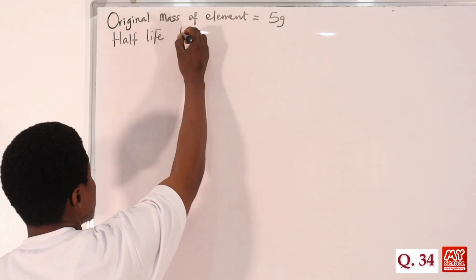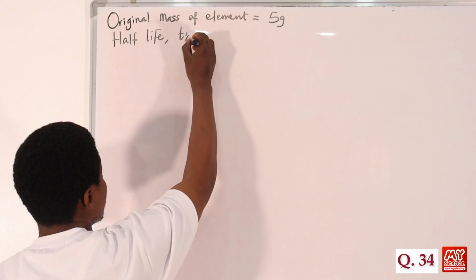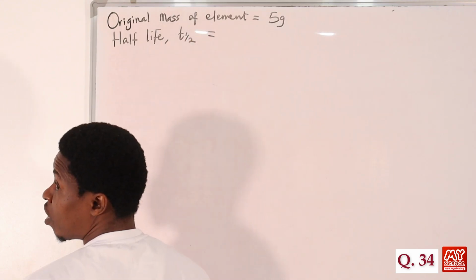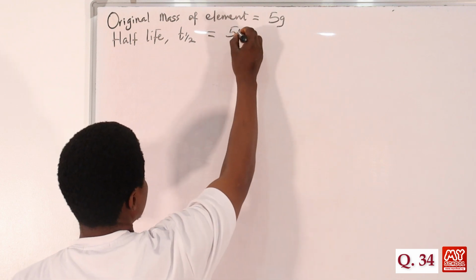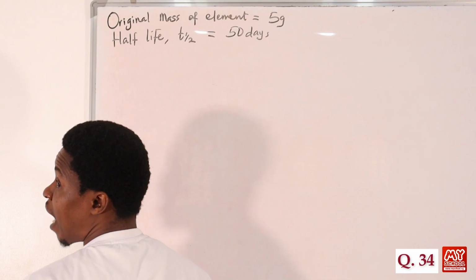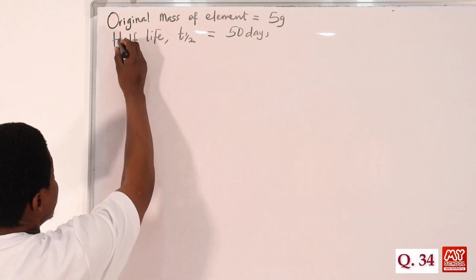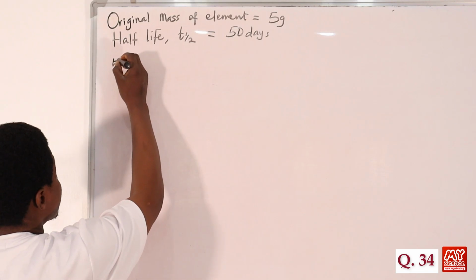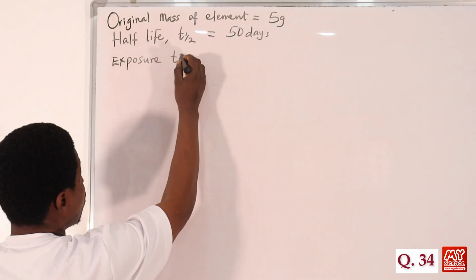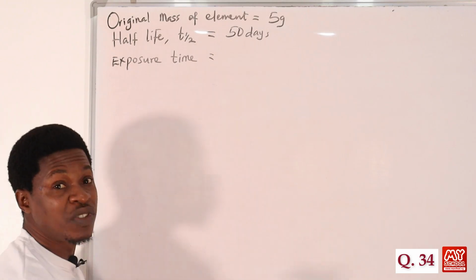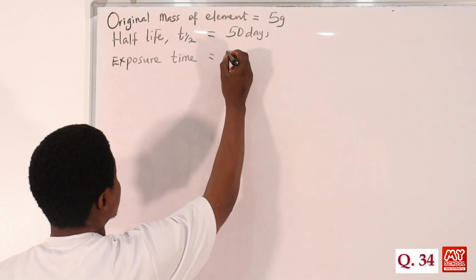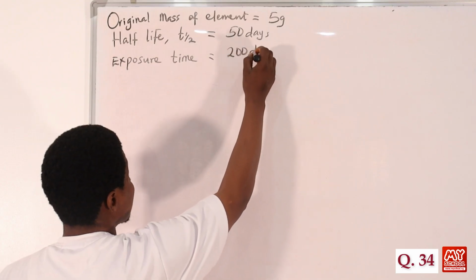Usually we use T 1/2 to represent it, so T 1/2 is equal to 50 days. Then it remains after 200 days. So 200 days is what we call the exposure time. How long are you going to leave that element to decay? We're told it's 200 days.